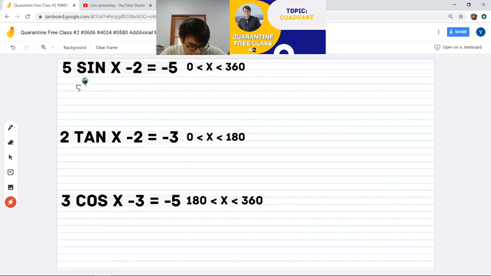So 5 sine x equals negative 5 plus 2. Then I get rid of the 5. I get sine x equals negative 3 over 5. The x will be sine inverse of negative 3 over 5.